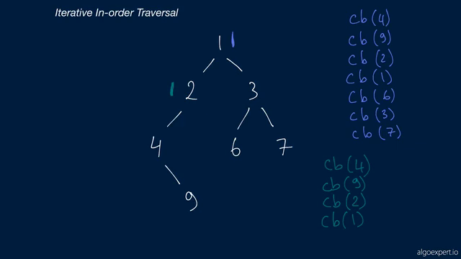And then we're going to move our current node either to the right or to the top if we didn't have a right node. But here we do have a right node, okay? So we're going to grab this, move it here, and then we're going to grab our 2, move it back to the 1, because that's our previous node.